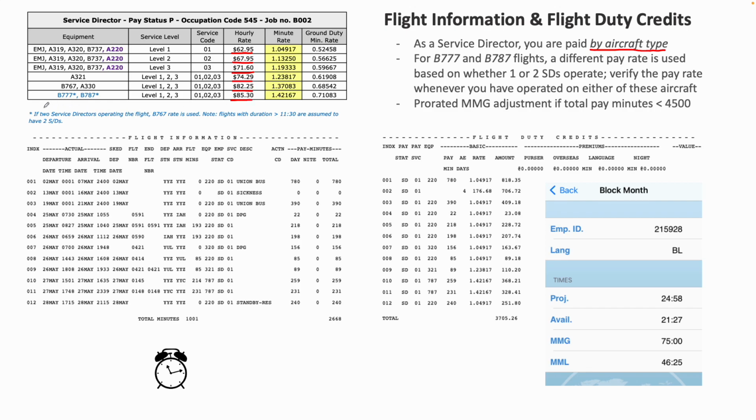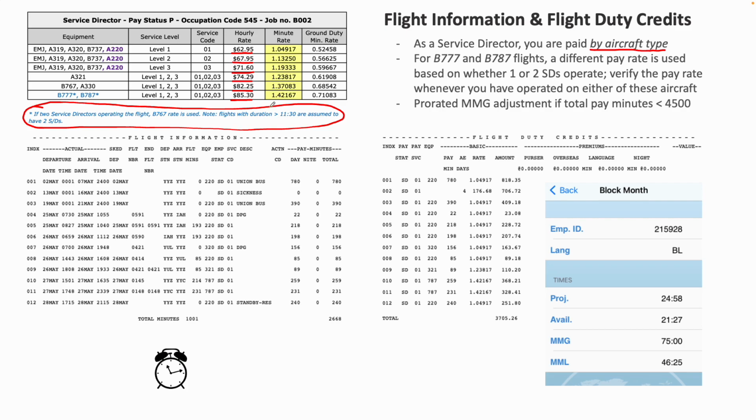Note the special asterisk comment at the bottom of this infographic. These are flights where there are 2 service directors. So if you are on, say, a 777 going from Vancouver to Sydney, Australia, there are 2 service directors on that flight. So you would not be getting the $85.30 per hour for that flight.